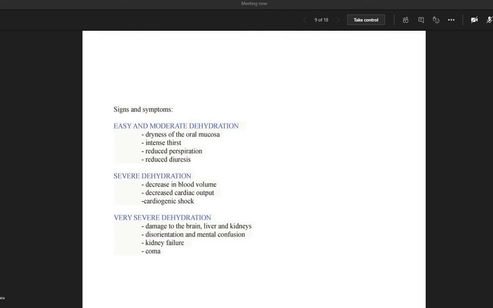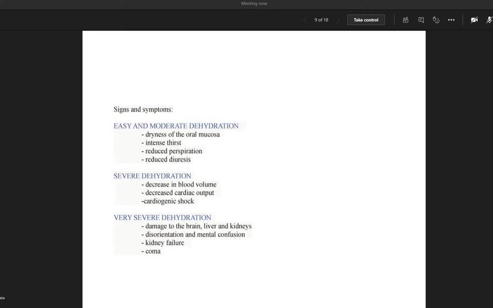When the situation gets more severe, you will see beside those signs also a decreased blood volume and a decreased cardiac output. Why? Because the volemia is decreased.